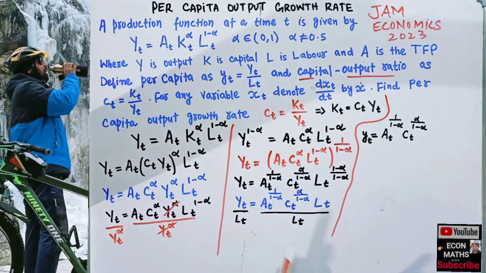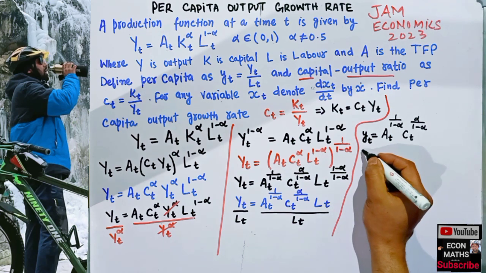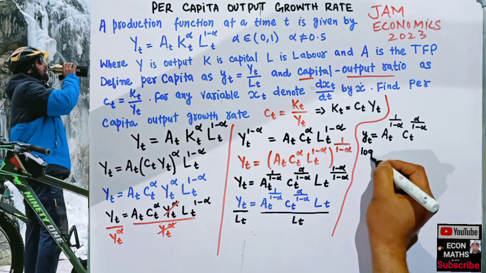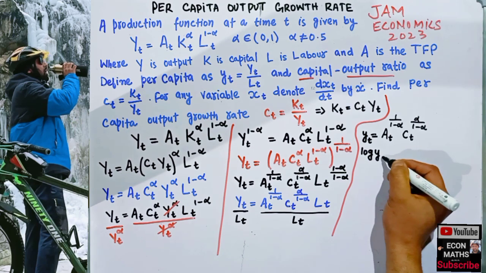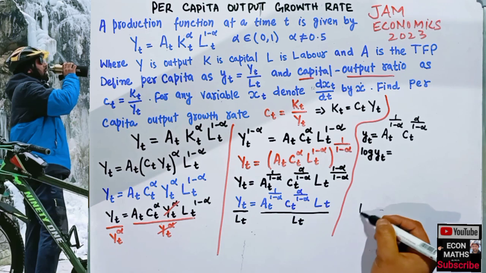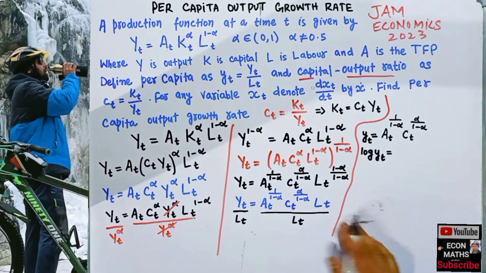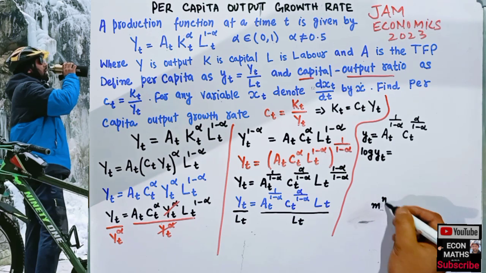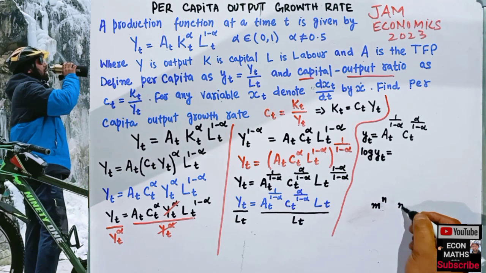That means log of y_t will be equal to, so if we have, let us say, m raised to the power n, its log is simply equal to n log m. n becomes the coefficient, and that will happen here also with 1 divided by 1 minus alpha.